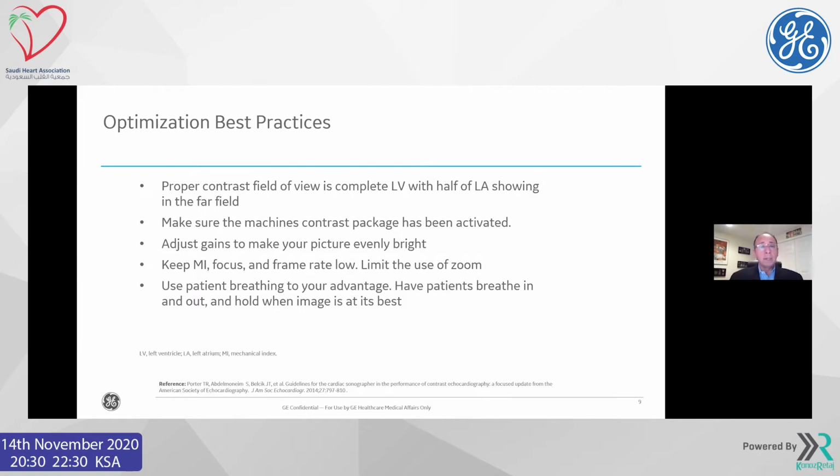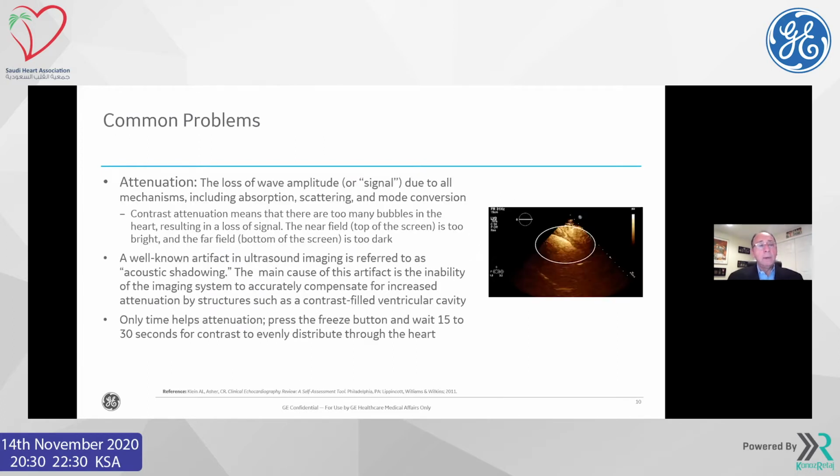And then finally, use the patient's breathing techniques, whether they inhale or exhale, have the patient breathe so that you get the best out of your image. Sometimes that helps. That's all you need to do to just optimize your image. So when you adjust, as I said, there's 3 components in here that you have to be careful with.